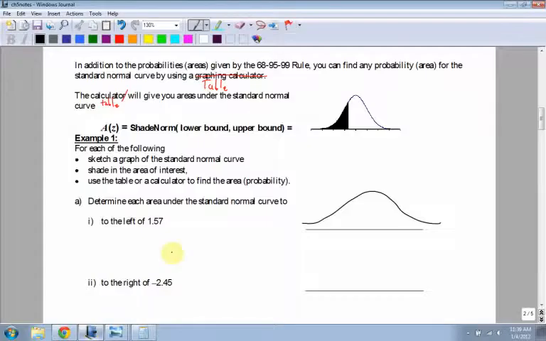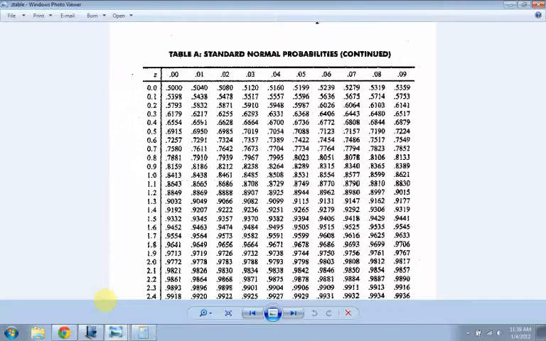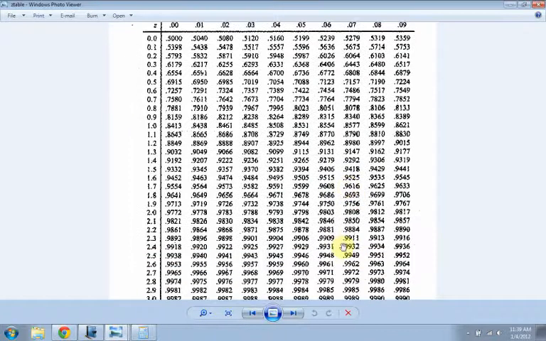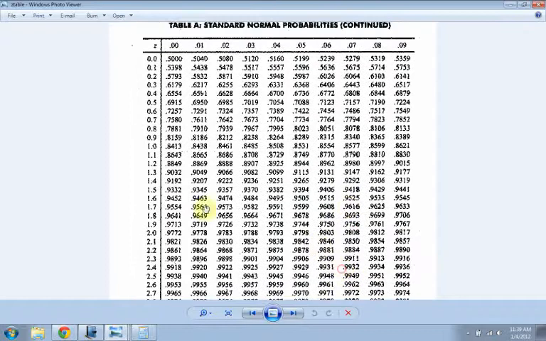So if I look at the question again, it says to the left of 1.57. That's a positive value. So that means I'm going to have to be looking at my positive z table. In the positive z table, I'm going to have to look at 1.57. So here is 1.5. And then I look up at the top to get my second decimal place, 7.